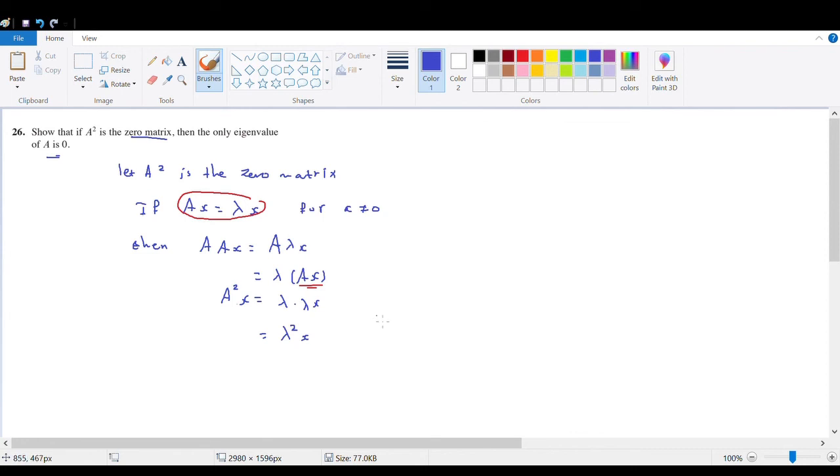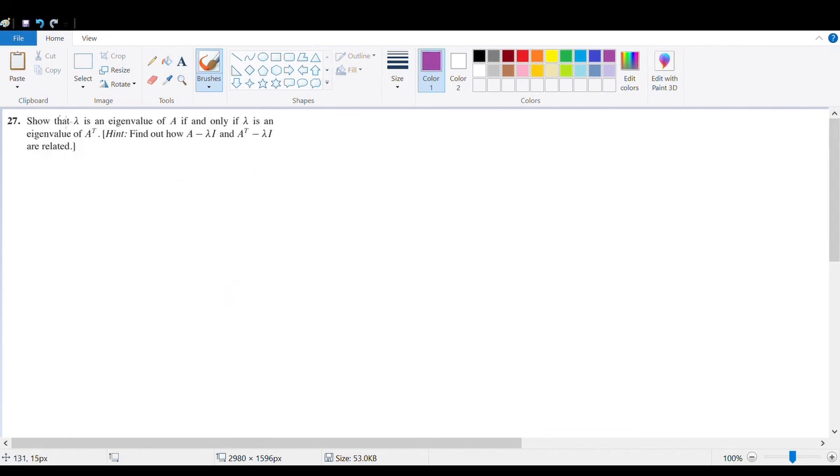Now since x is not equal to 0, and A square is the 0 matrix, this side should be equal to 0, because the 0 matrix multiplied by any vector x gives 0. So lambda square should be equal to 0, and from here lambda equal to 0 is the only eigenvalue of the matrix A.